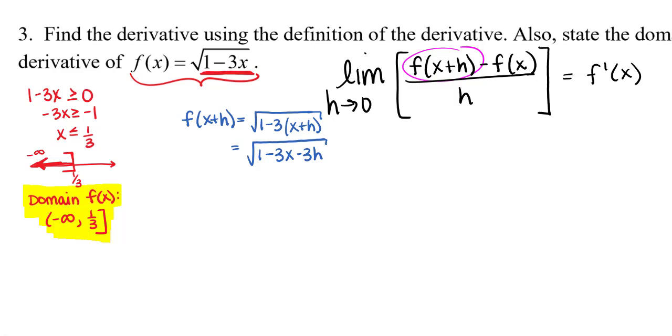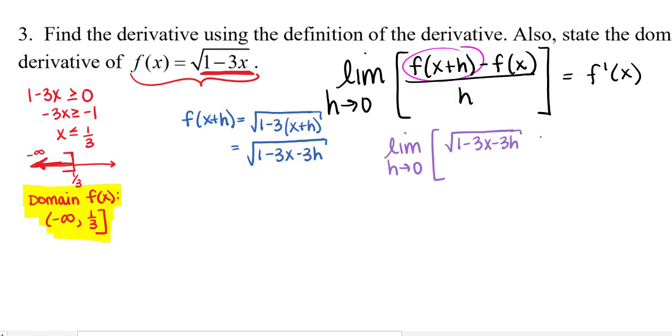And so now we can go on with our derivative and substitute everything in and see if we can evaluate this limit. So the limit as h approaches 0 of f of x plus h, which we just found, 1 minus 3x minus 3h, minus my original function, which was 1 minus 3x under the square root, all over h.